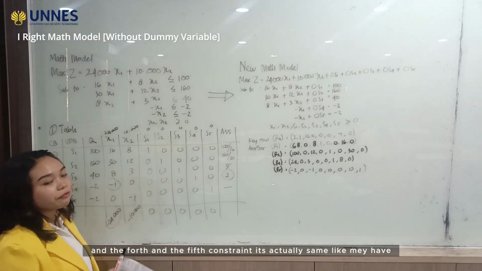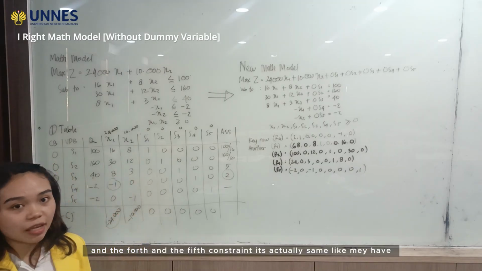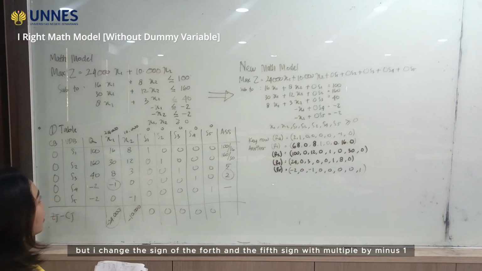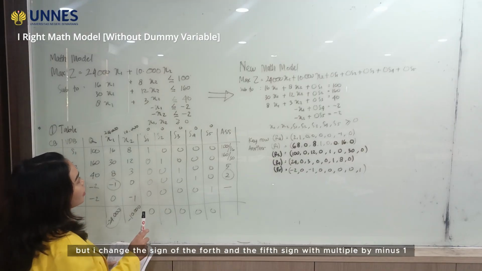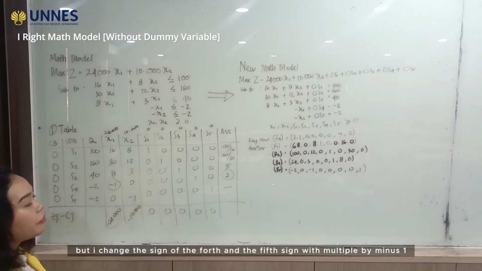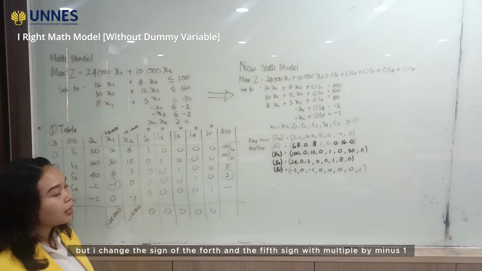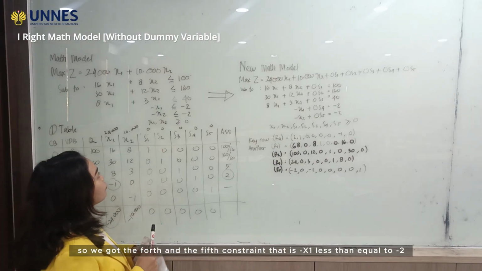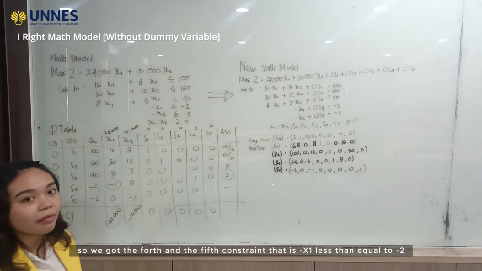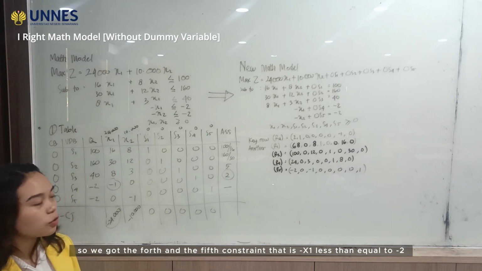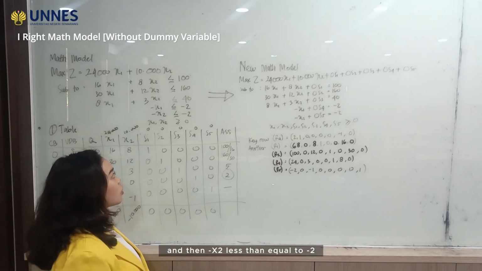And the fourth and the fifth constraints, I changed the sign by multiplying by minus 1. So we got the fourth and the fifth constraints, that is minus x1 less than or equal to minus 2, and then minus x2 less than or equal to minus 2.